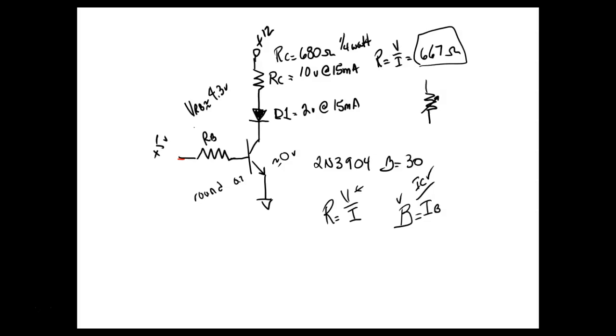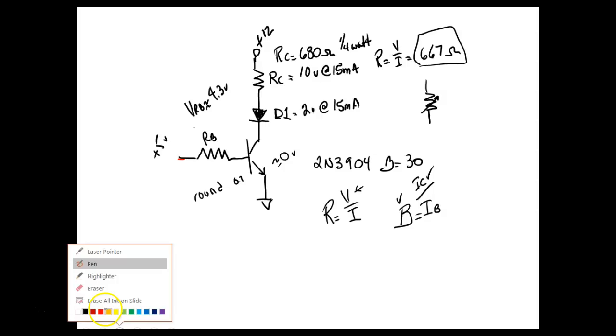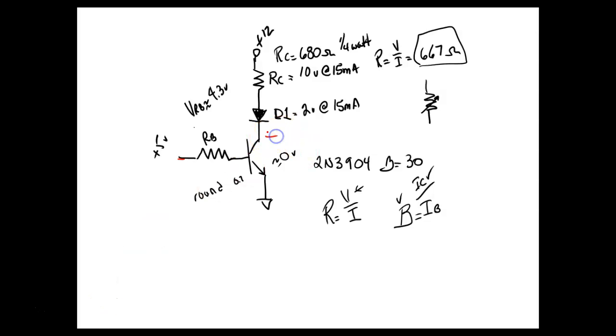Okay, so we got 3 currents in. This lead right here, what's the name of this lead? These leads have names. They don't have numbers, they got names. Yeah, it's the collector.